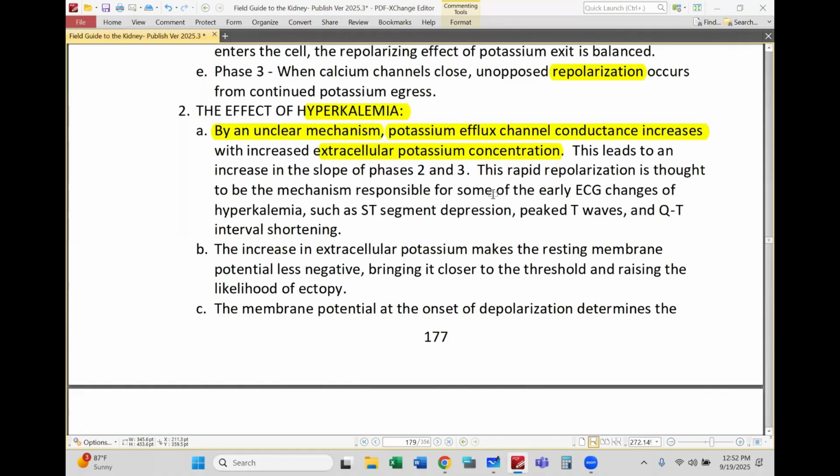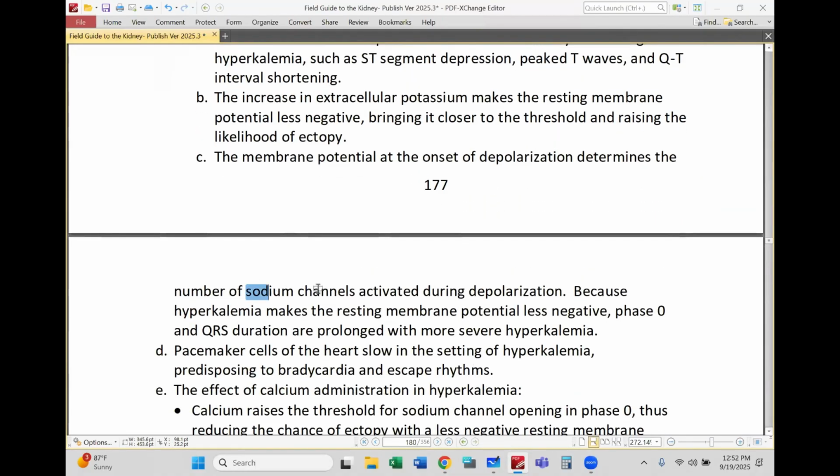Now, the sodium channels, okay, are also affected by the ECF K content, because they are influenced by the resting membrane potential.